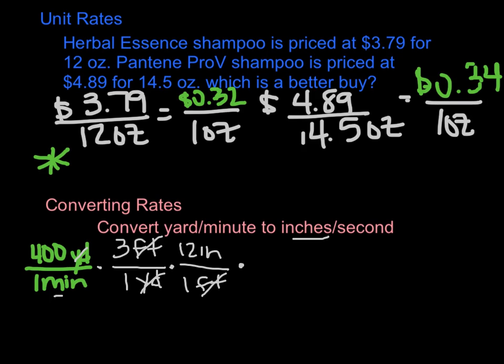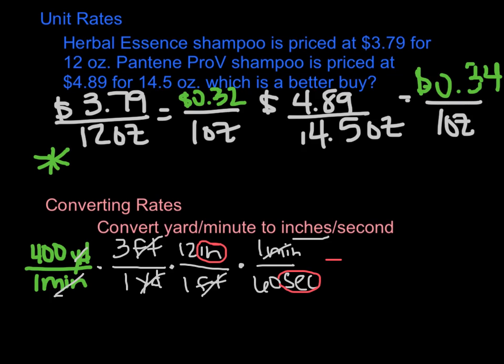So let's do 1 minute over 60 seconds, because those are exactly the same amount. So that is technically the value of 1. Well, now you have your minutes canceled. So your label on the top is inches, and your label on the bottom is seconds, which is what you want.